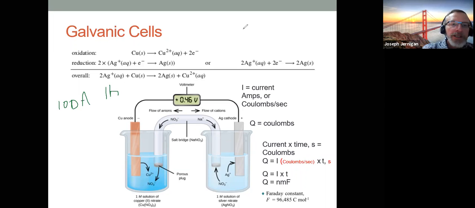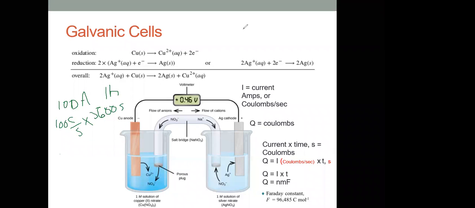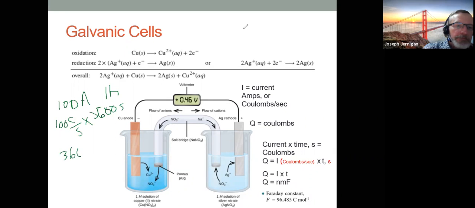How many coulombs is that? 100 coulombs per second, times, let's convert an hour to seconds. That's 3,600 seconds. So 3,600 times 100 is 360,000 coulombs. That's how many coulombs we passed.